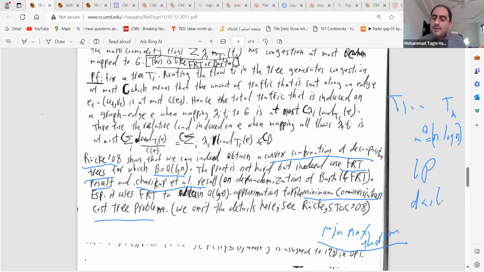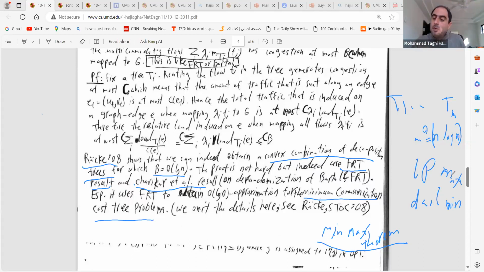If you have an LP that tries to maximize something, you can write another LP which minimizes something. There is a formal way to get the dual LP from the original LP. You can even write a program to do that. You can read the LP, and from it you can find another LP.